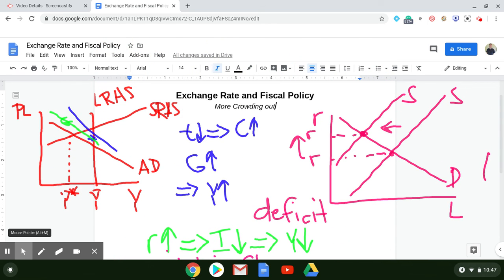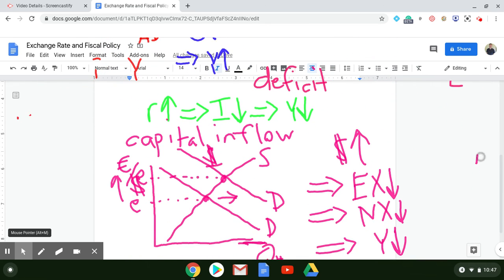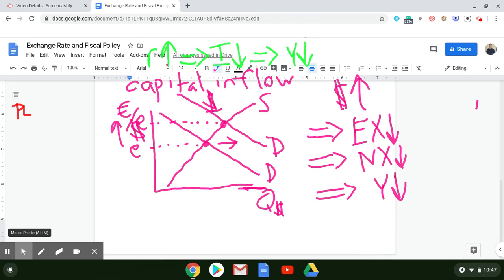So we have an even greater crowding out effect. So again, theoretically, hopefully, we would have enough tax cuts and enough government spending to offset these decreases that are going to happen.